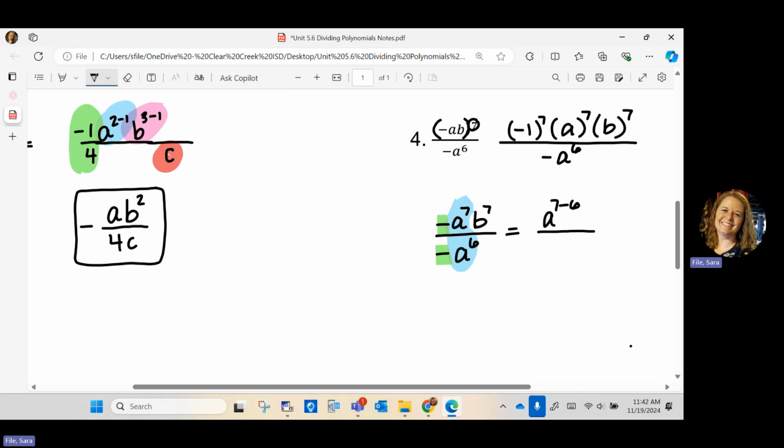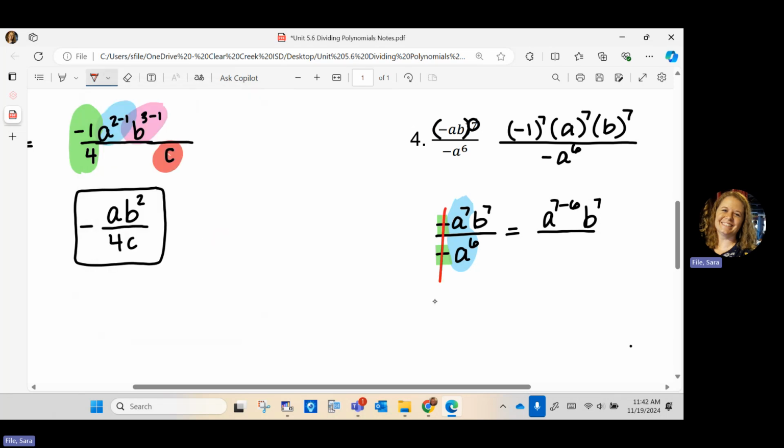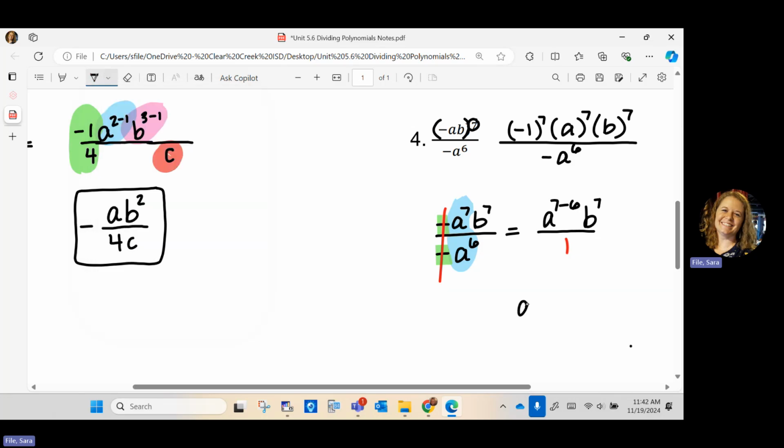And then b, there is no b to combine it with, so it's just going to stay b to the 7th. And since the negatives are eliminated, and that a to the 6th was combined up here, there's nothing in my denominator. It's now an understood 1. So I don't have to write the denominator anymore. So it's just going to be a, because 7 minus 6 is an understood 1, times b to the 7th.